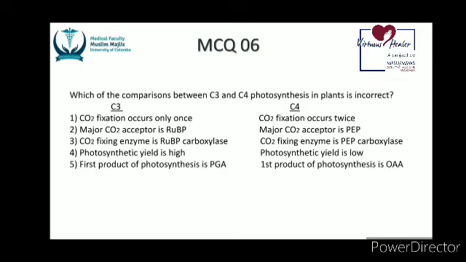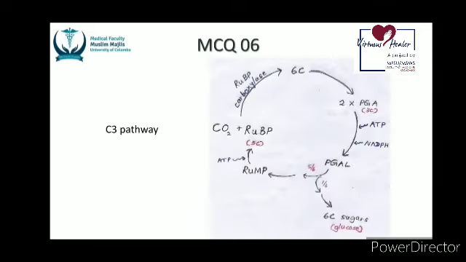Before going on to the statements, let us first briefly see what is going to happen in C3 pathway and C4 pathway of photosynthesis. This slide shows you the C3 pathway of carbon dioxide fixation. Now in the C3 pathway of carbon dioxide fixation, the main carbon dioxide acceptor is a 5-carbon compound called RuBP.